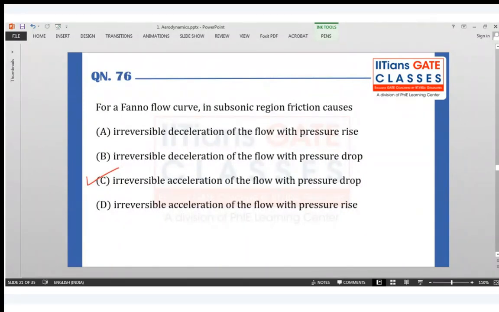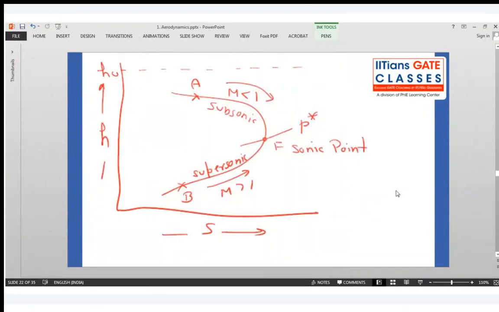For Fanno flow curve, the subsonic region of friction causes what kind of features? So just simply giving the answer should not be the correct way of explaining this. You should always look for this diagram.